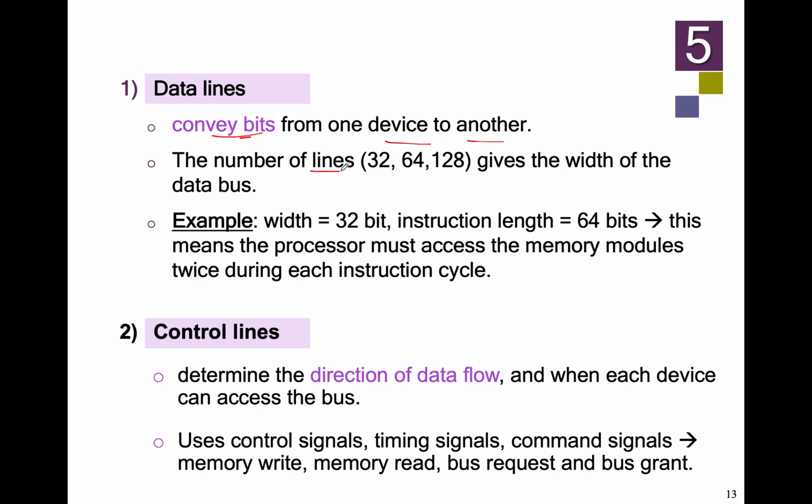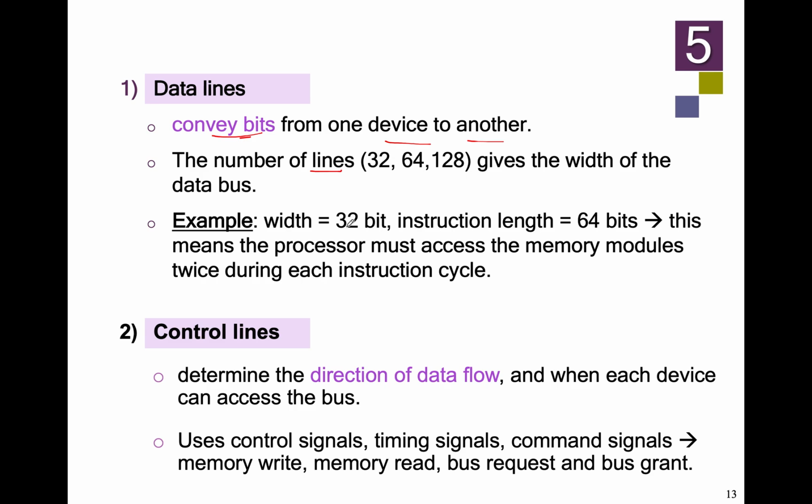The number of lines, for example 32, 64, or 128, gives the width of the data bus.